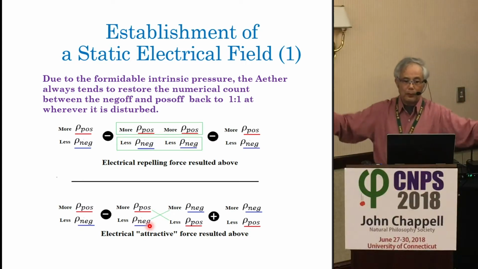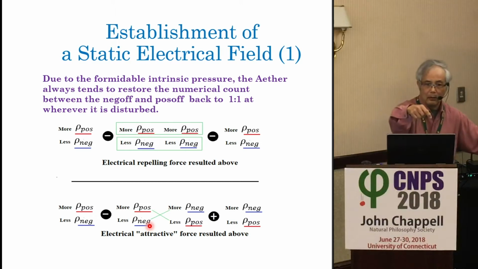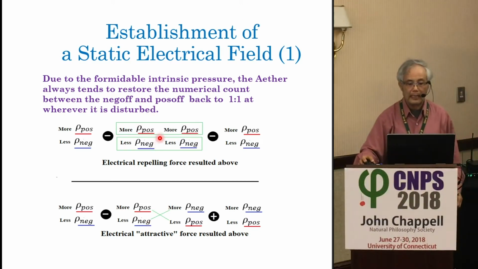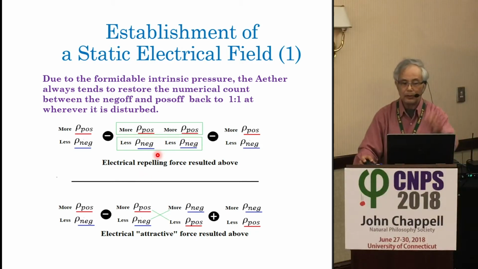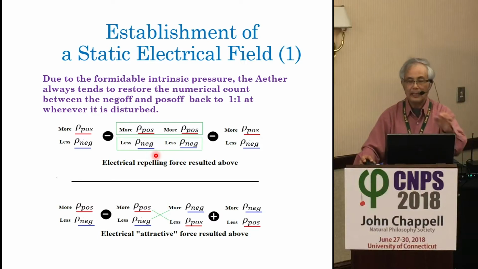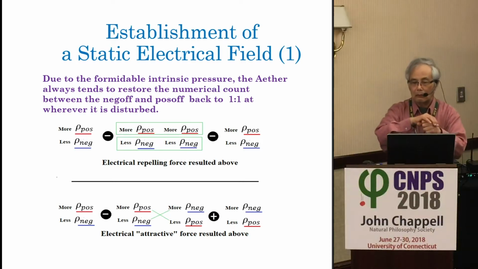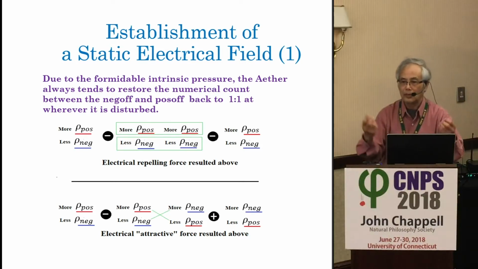If they move away, more negative can come back to this space, keeping the balance between the negative and the positive at a 1-to-1 proportion, and then go back to a more neutral state.